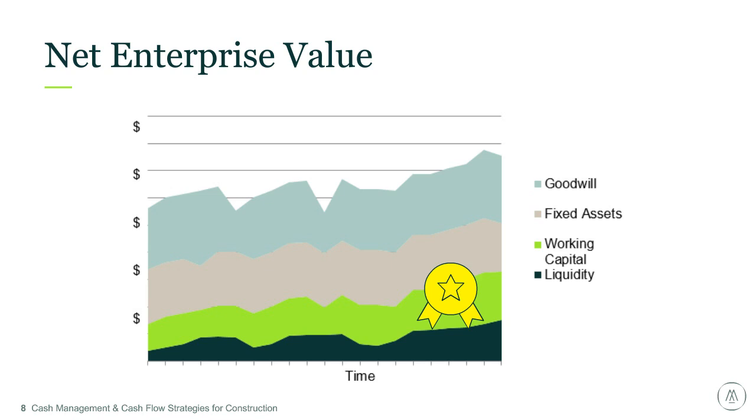We often see companies spending a significant amount of time thinking about human capital, fixed assets, branding, new projects or activities around those things. But we don't always see a huge emphasis on the bottom two parts of this graph. And today what we're really trying to focus on is the synergy between working capital and your liquidity. There's a lot of benefits there to putting a plan together and looking at those synergies.